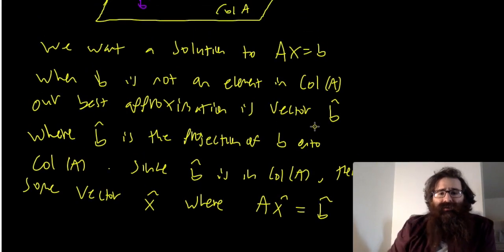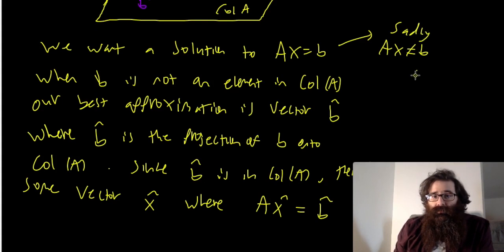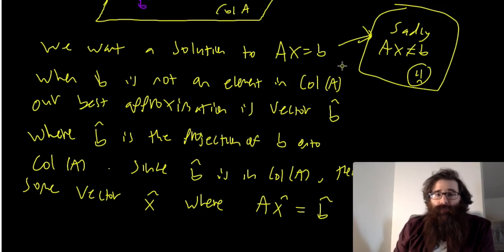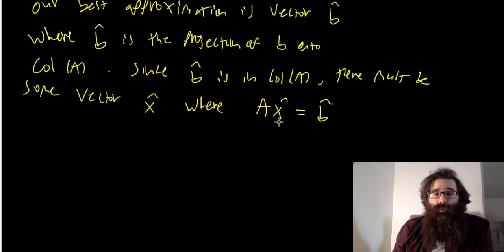Remember, I wanted a solution to Ax equals B, but B is not in the column space of A, so really, that's not going to happen, sadly. However, if I'm talking about my projection, I can do that, right? There must be some vector x hat where A times x hat is equal to B hat, where B hat is the projection of B onto the column space of A.